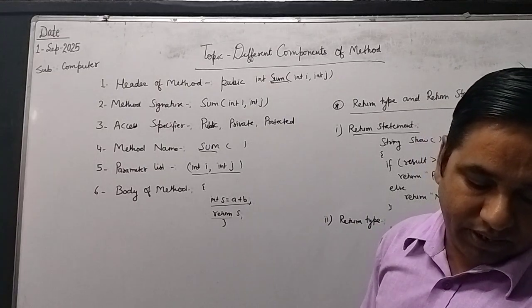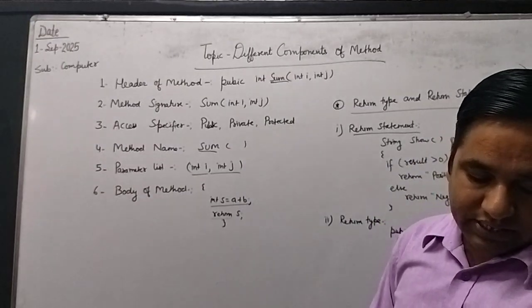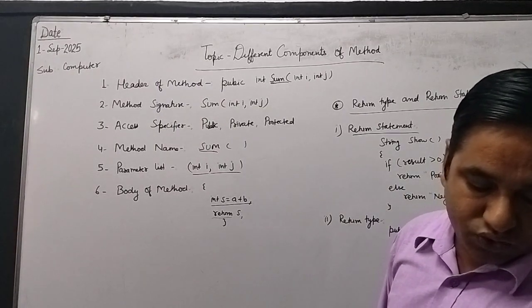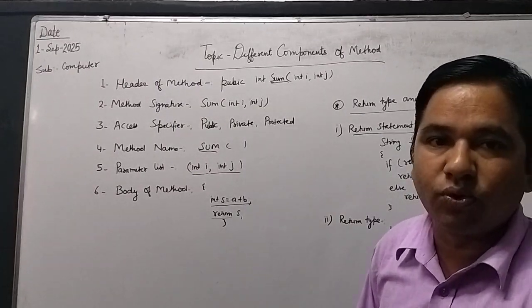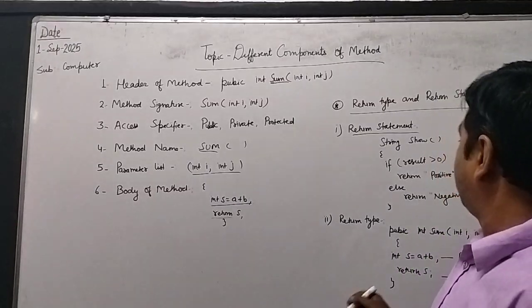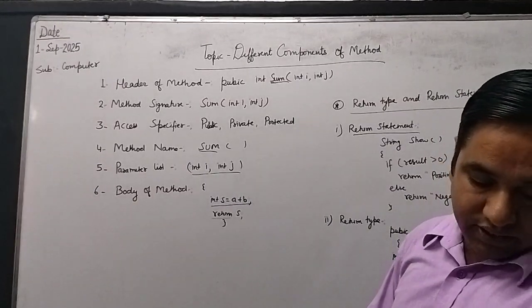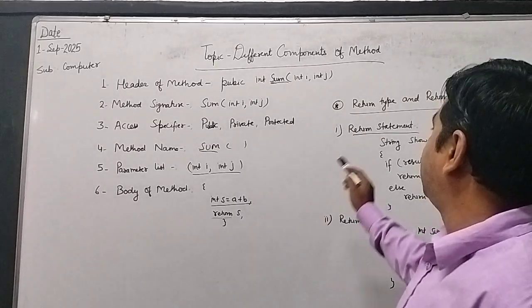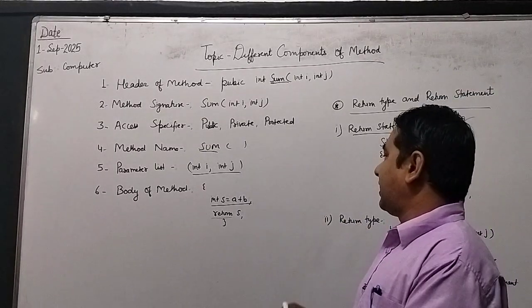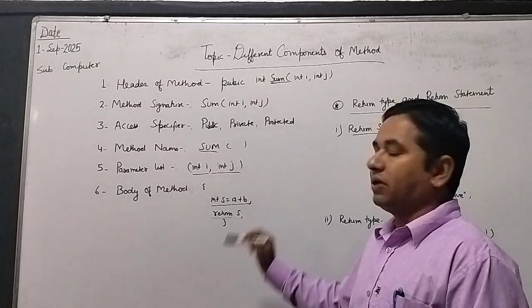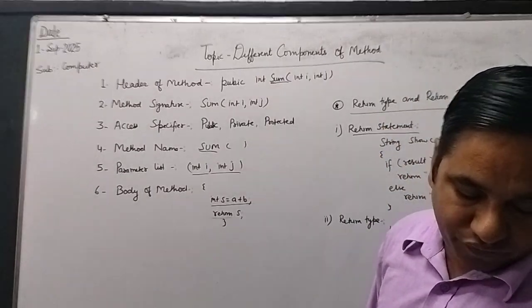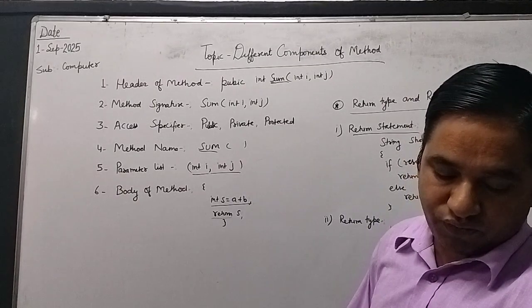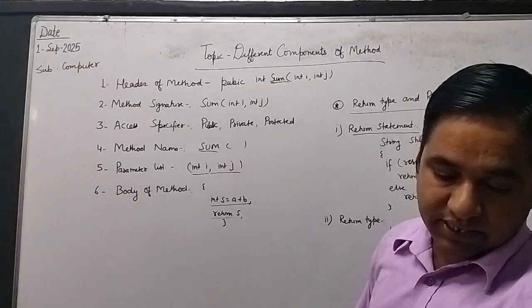It is used to return a value from the method to the calling program. The return statement is always the last line of the method, and by default it returns a single value of one data type only. If you want to return more than one value, you have to use more data types.